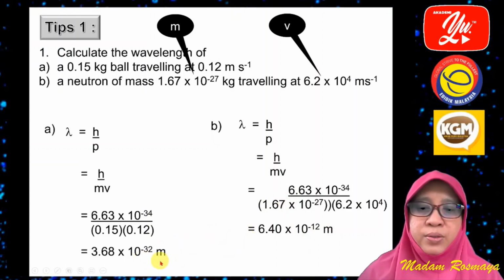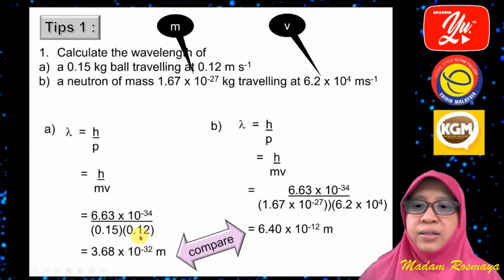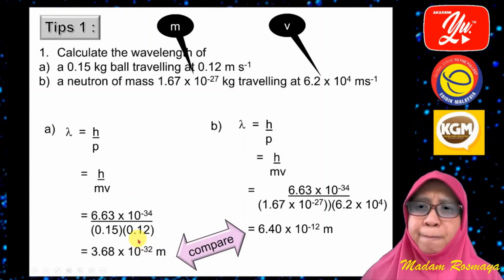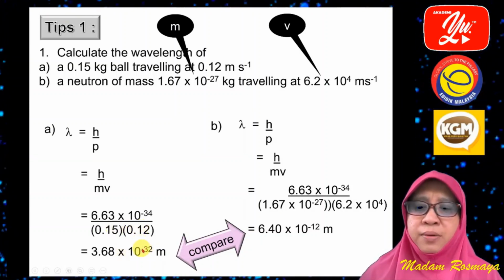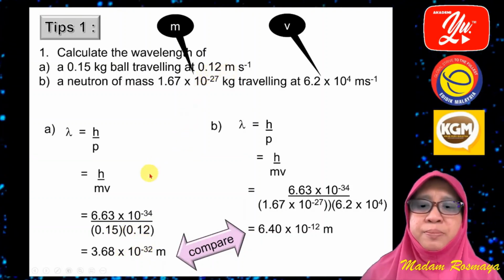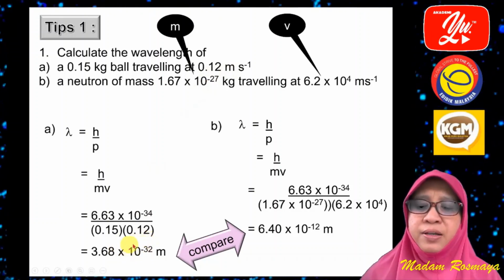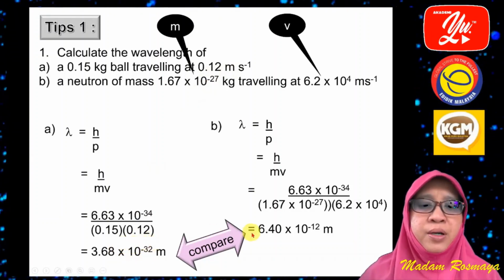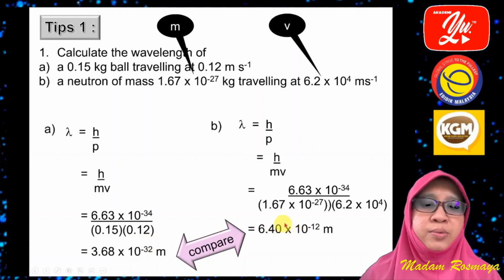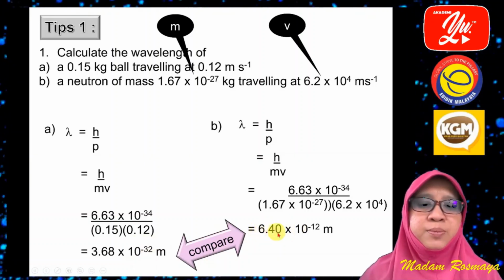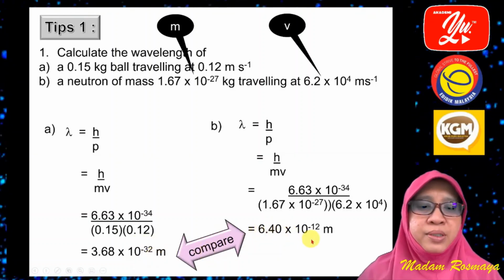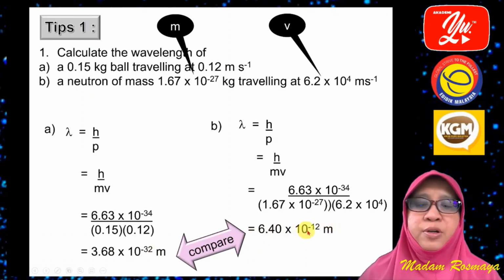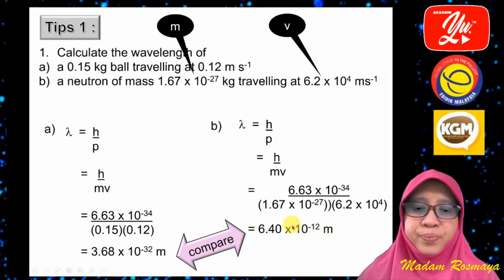Compare these two. You can see that the wavelength for the ball, with speed 0.12 meter per second, is a very much lower value compared to the neutron wavelength, which is only 6.40 times 10 to the power of negative 12 meter but larger in value.